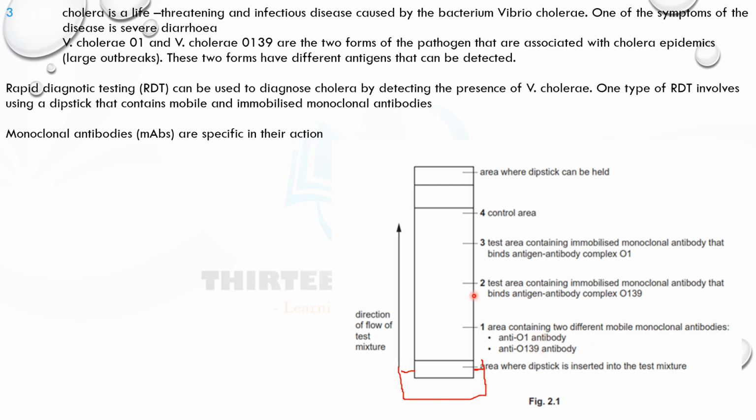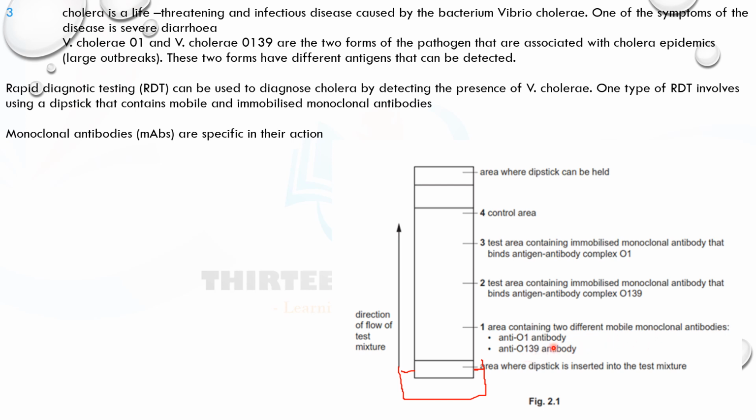for this. When they get here, because they're moving up, now this is the test area containing immobilized monoclonal antibodies that bind to the antigen antibody complex. So we have another immobilized monoclonal antibody that recognizes the antigen antibody complex for O139. If an antigen antibody complex is formed here, this will recognize them in number 2. That means if this strain with O139 is present, it will first bind to its monoclonal.